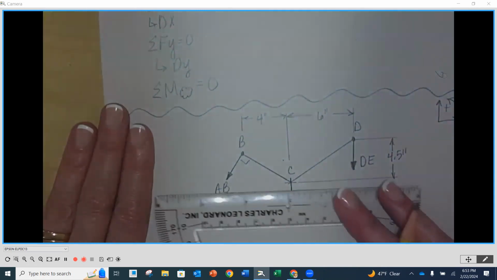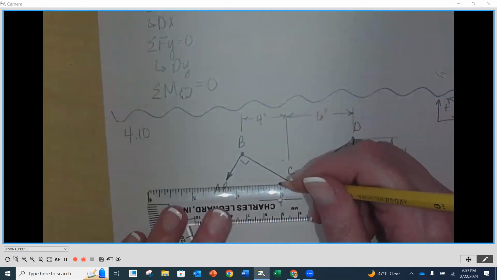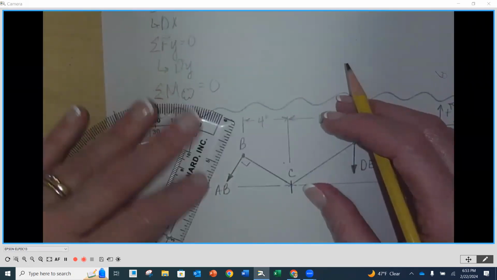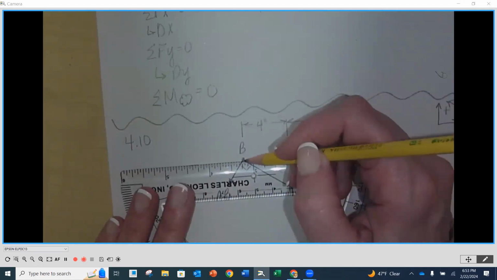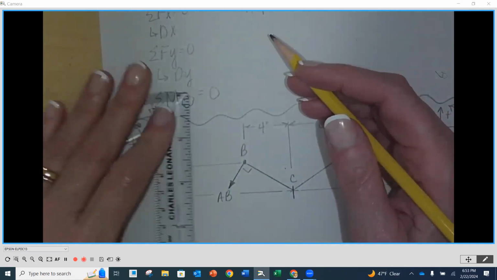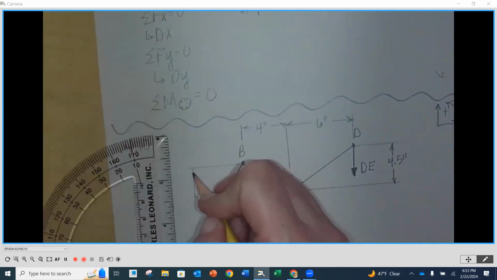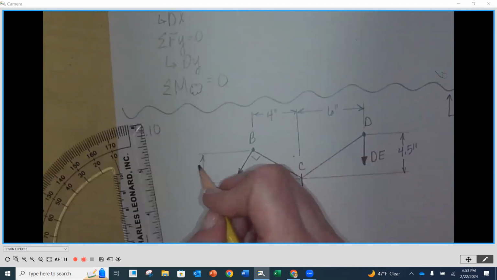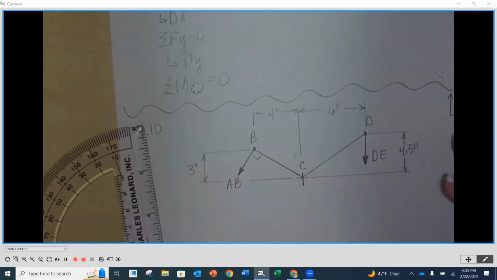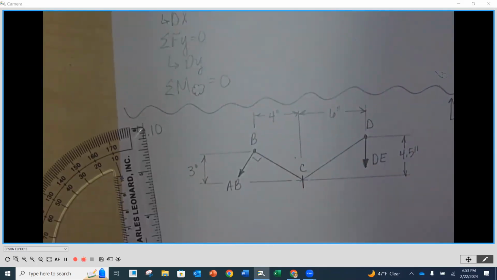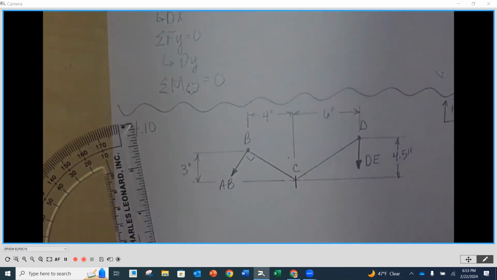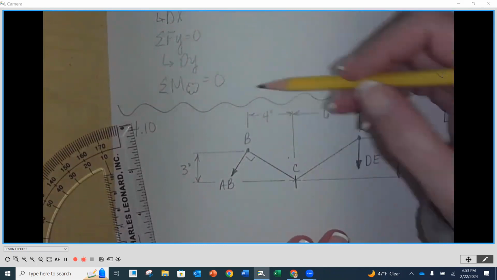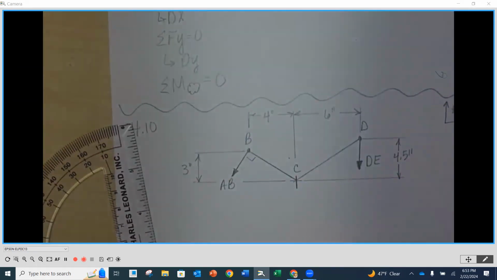And then going up to B, I'm going to go through here and over, like that. This distance is 3 inches, and that's from C up to B. I think those are all my distances. We don't know the length here. That's okay, but we do know how far over and how far up it is. I imagine that's going to be helpful.